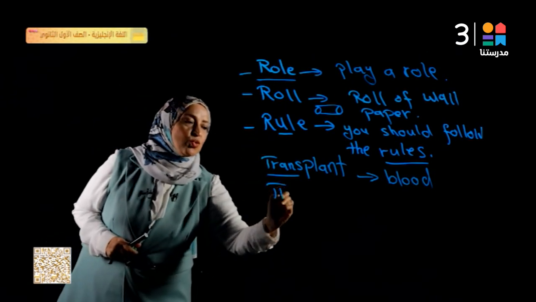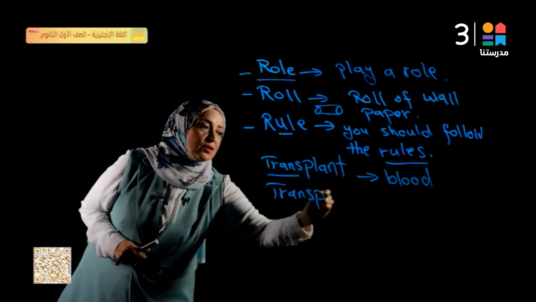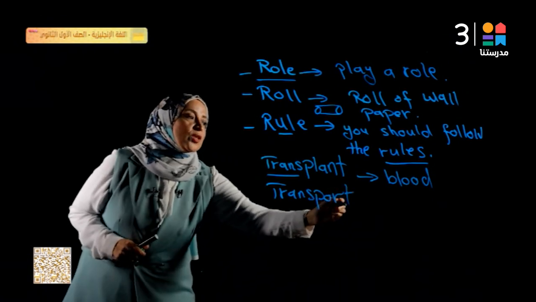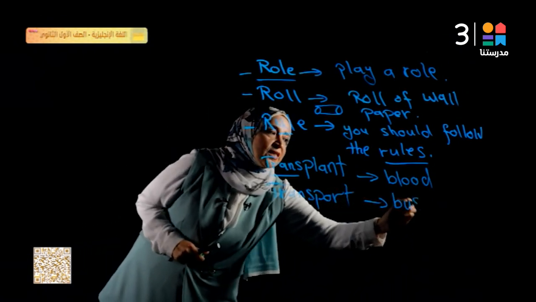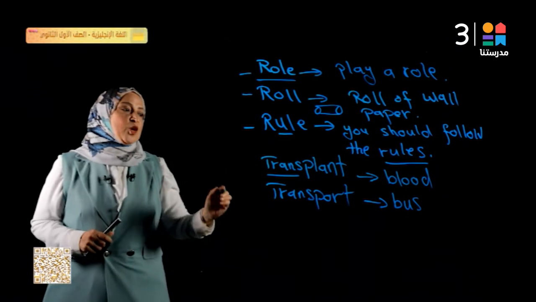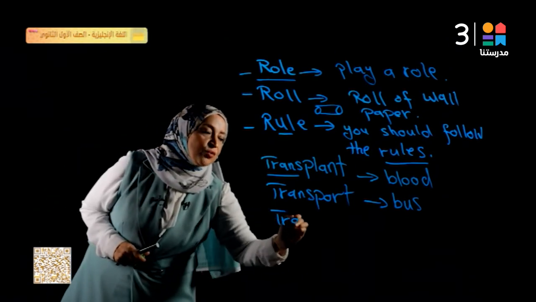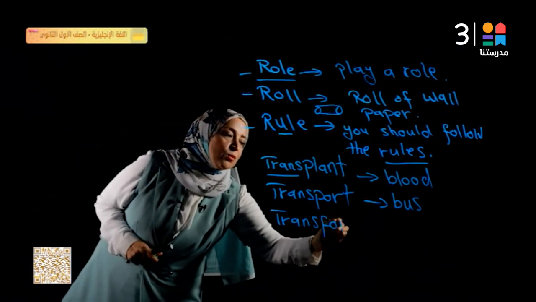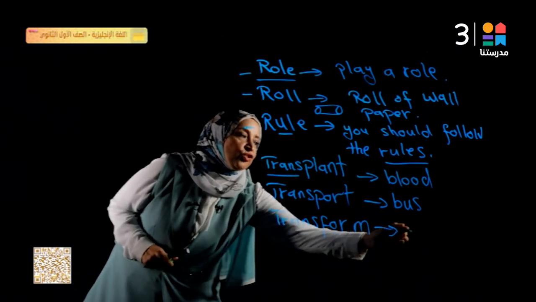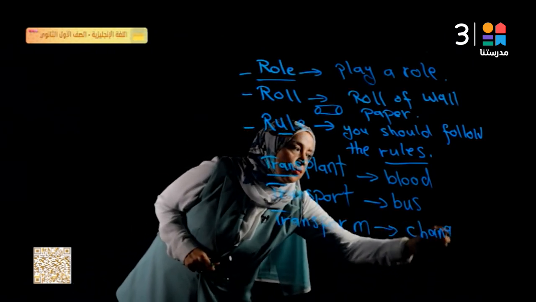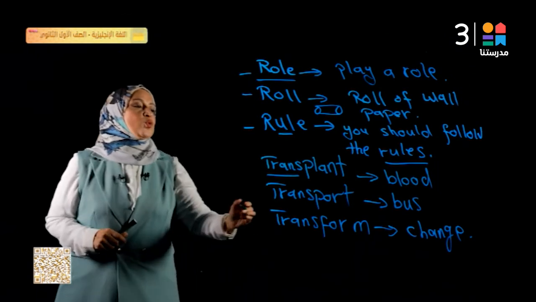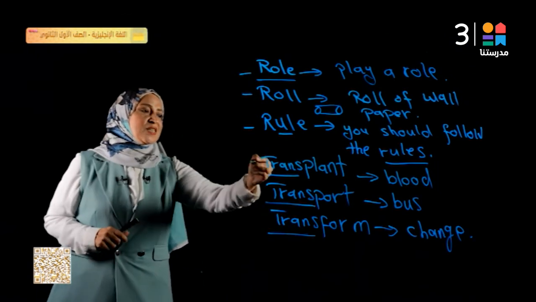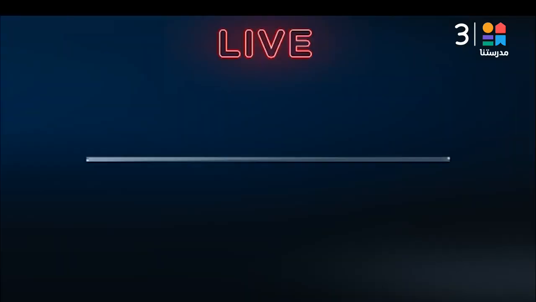What about transport? Transport like buses, cars, and so on. What about transform? Transform means to change. Okay, so all the words start with trans and they have different meaning.